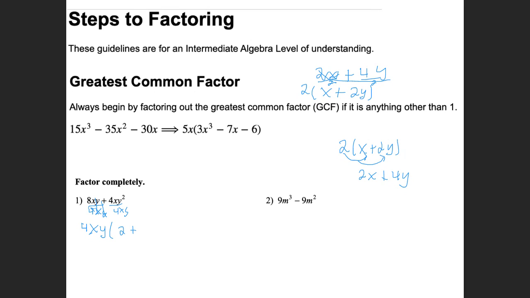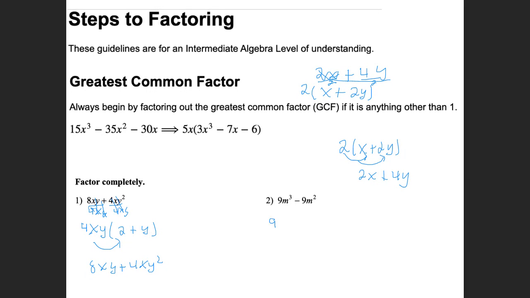Plus, here the 4's cross out, the x's cross out, one of the y's crosses out. So I'm just left with y. Now, if I multiply back through, 4xy times 2 is 8xy, plus 4xy times y is 4xy squared. I get the same thing I started with. So when you're pulling out the greatest common factor, remember you're going to end up with the same thing if you use distributive property.